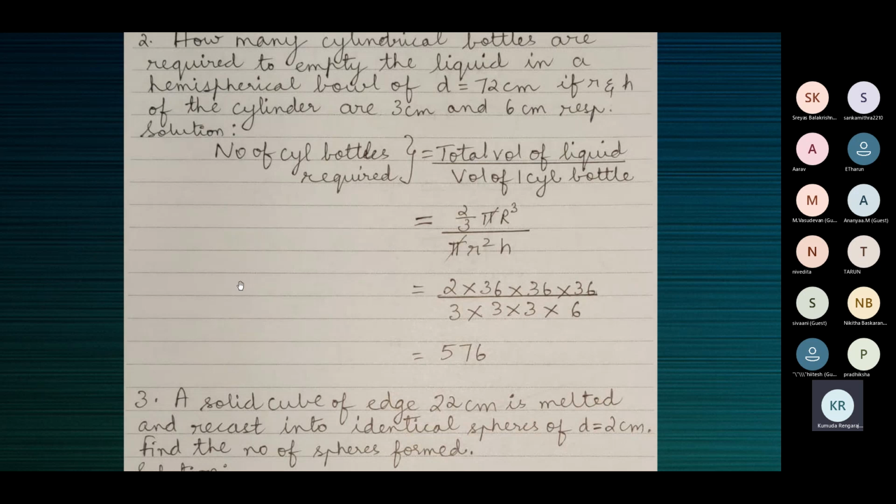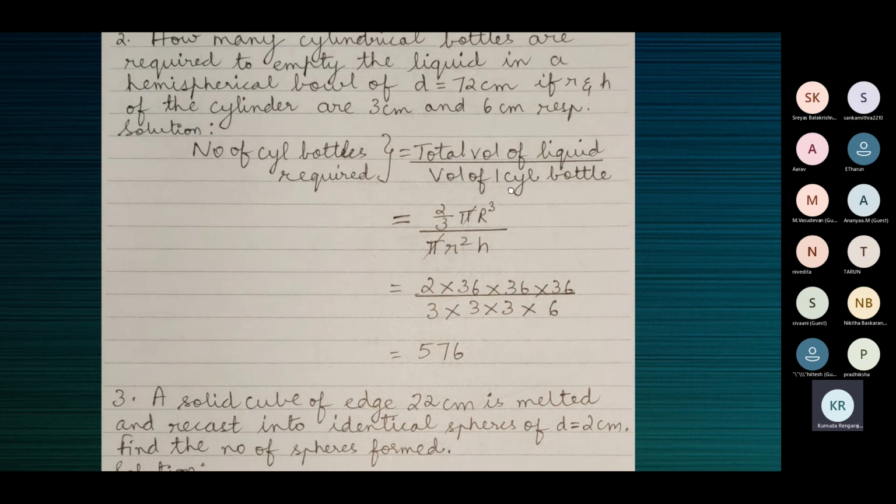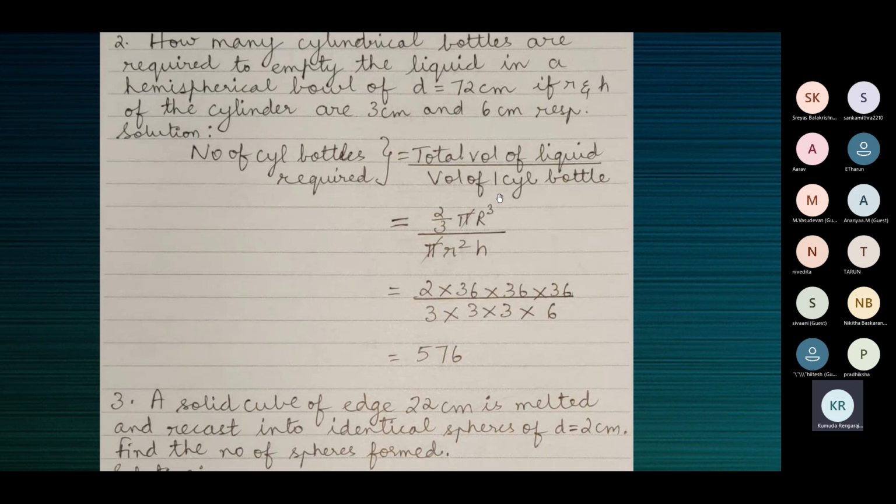So first you have to write out the formula like this, with the numerator and denominator. Cancel pi. Don't cancel the radius. I've used a capital R for the hemisphere and a small r for the cylinder. In the formula, it will be small r. Don't cancel the R and r.